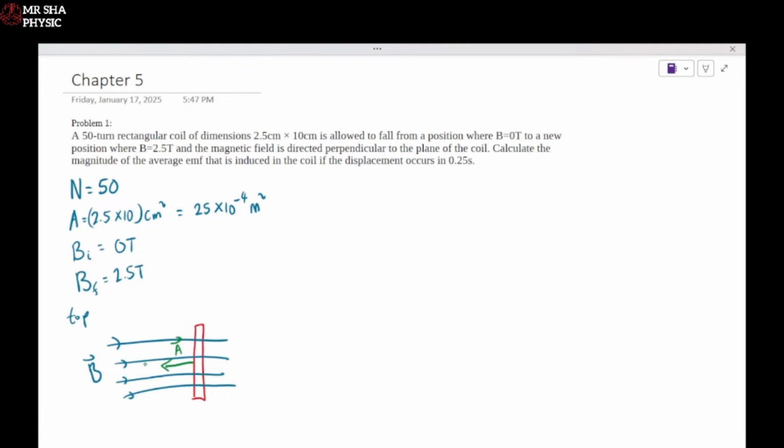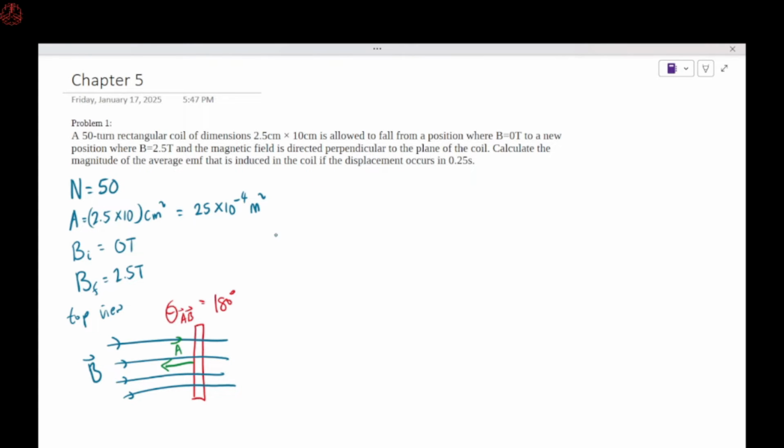We can see the angle between B and A is actually 180, or you can also use 0. It will yield the same magnitude. So I can write down here that the angle between A and B is 180 degrees, or 0, whichever is fine.